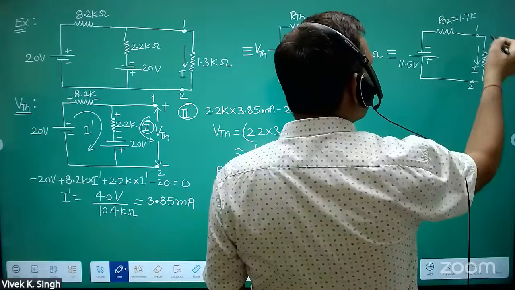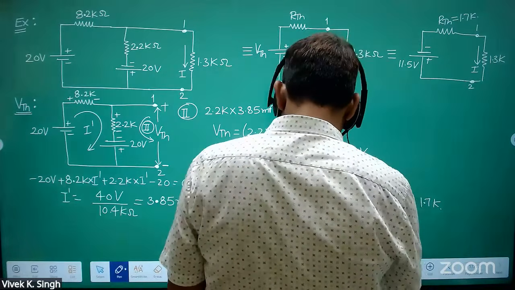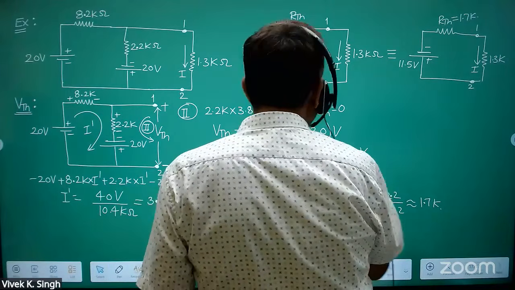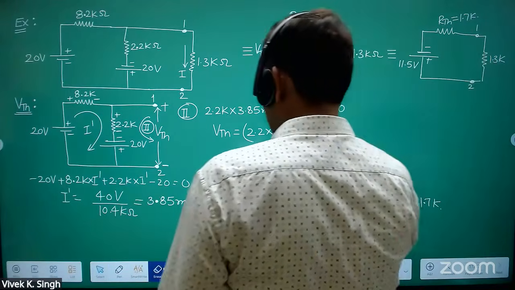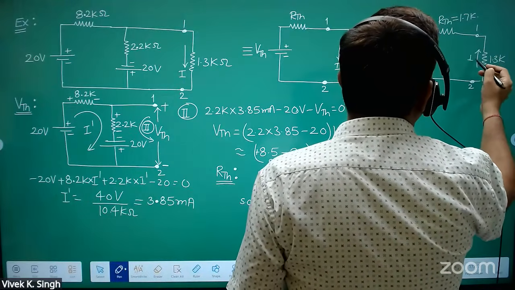So the actual direction of current, if you see the single loop, will be in the opposite direction. Because if you want to show the actual direction of current, this will be the direction of current.